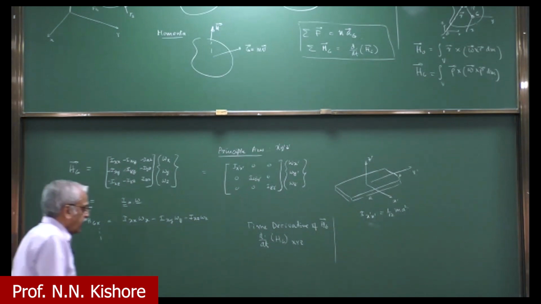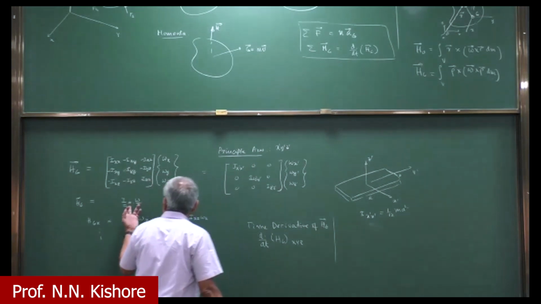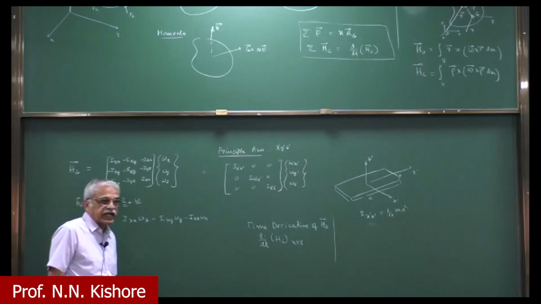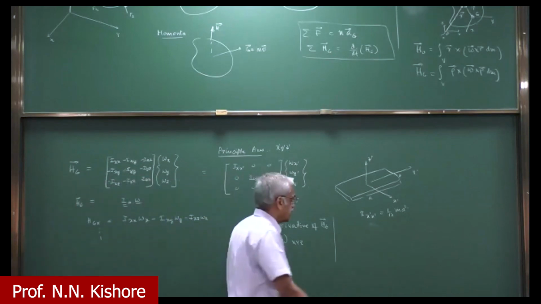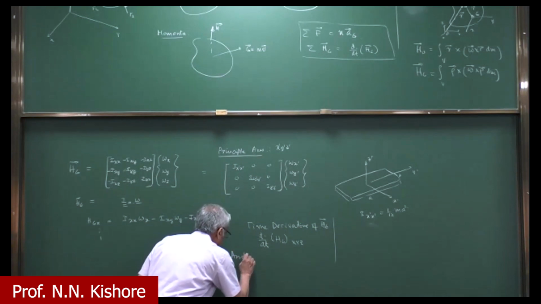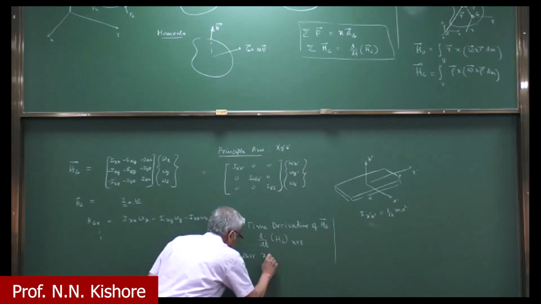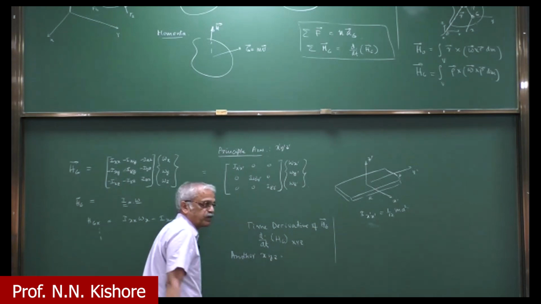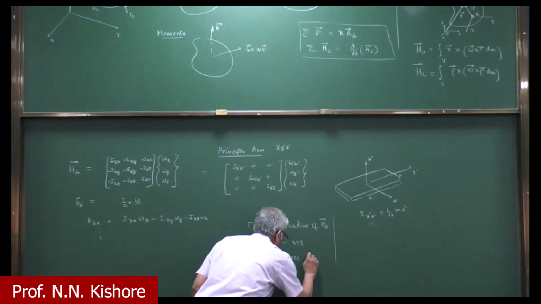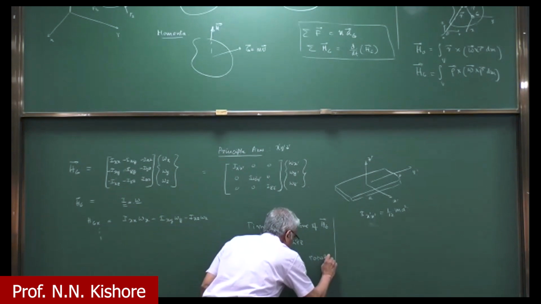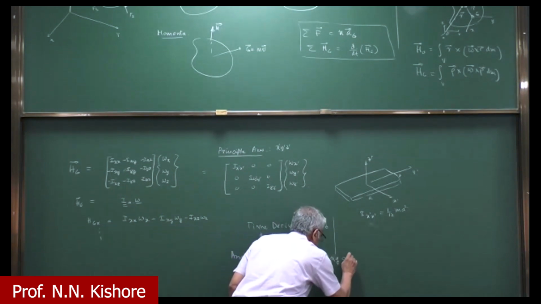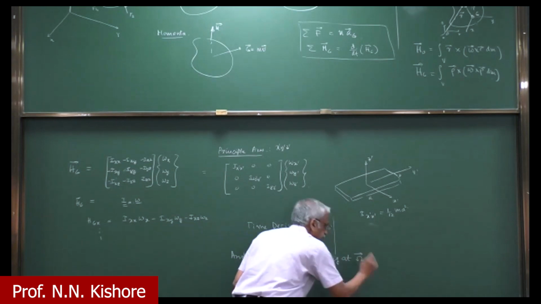Okay, and at least we want to make our life a little simpler if we choose certain axis other than big X, Y, Z. So if you choose another axis which may be rotating at, say, omega axis.